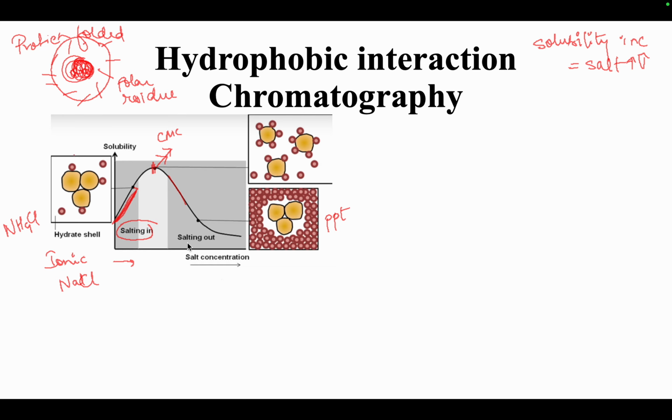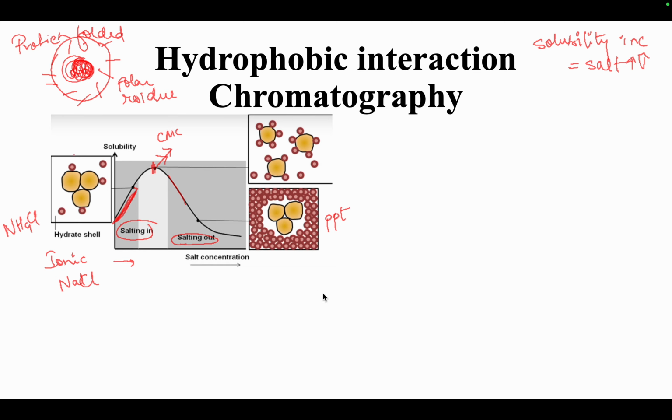This process is known as salting out. The protein will get precipitated because all the water molecules are removed from the protein, and this will disrupt the protein structure, the protein 3D conformation, and the protein will get precipitated out.